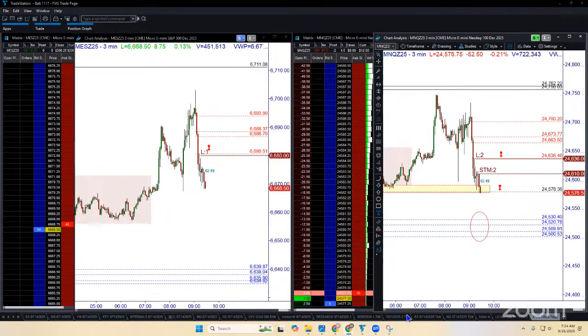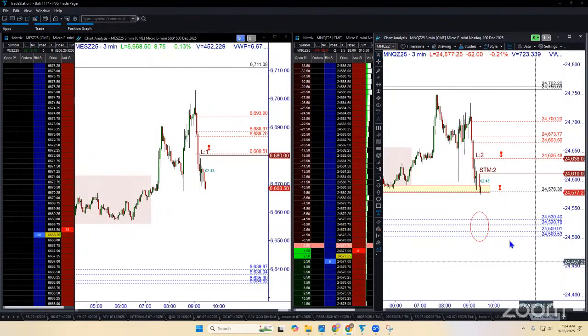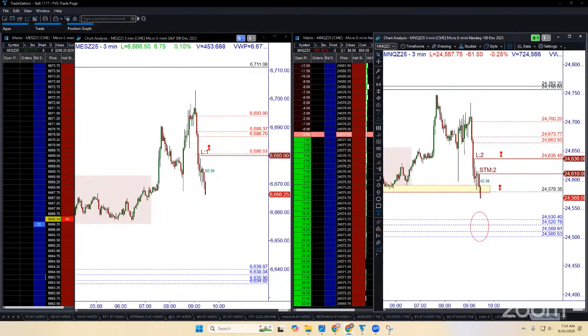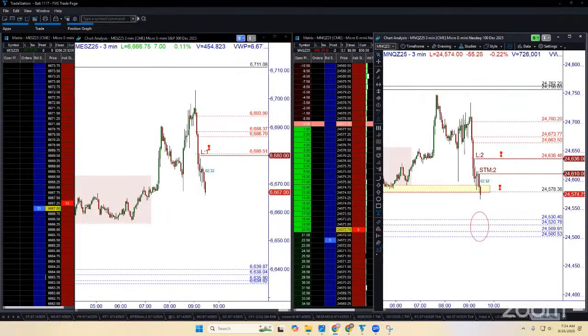All right, here comes the NQ. We've got about 6 minutes to the bottom of the hour, so this trade may only last about 6 minutes till we get there. Here we go.